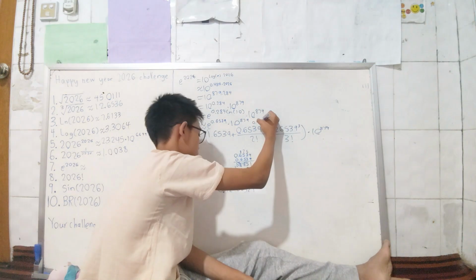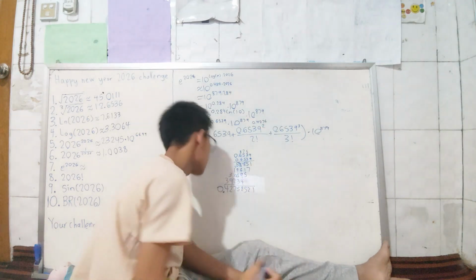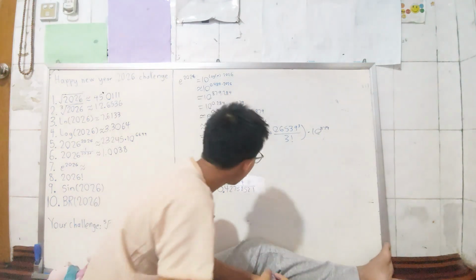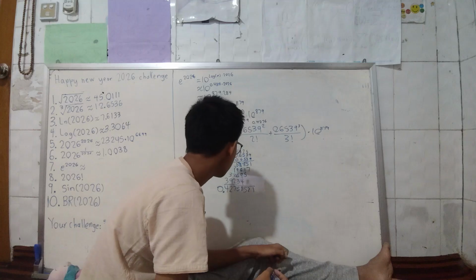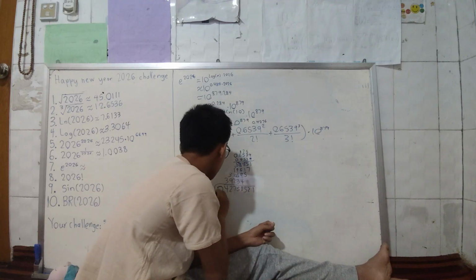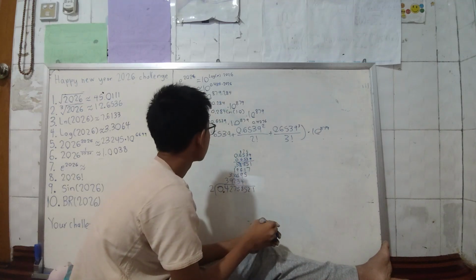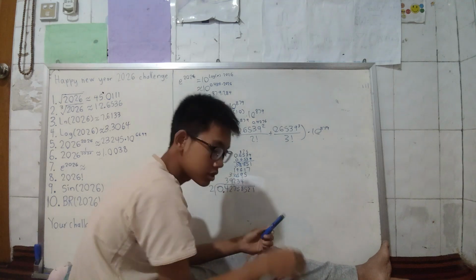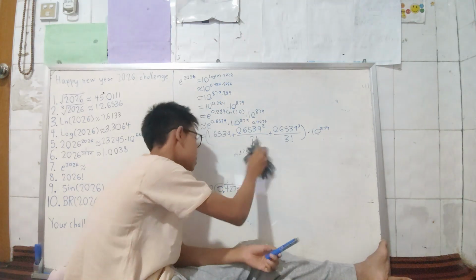2. And then we're going to divide by 2, which is 2 factorial, that's just 2, okay?